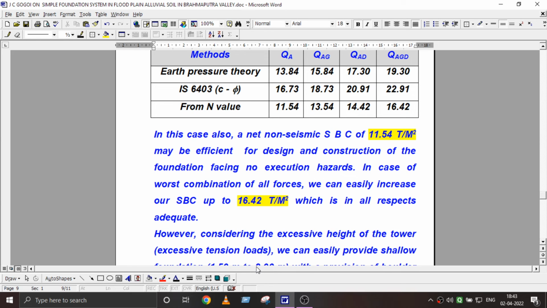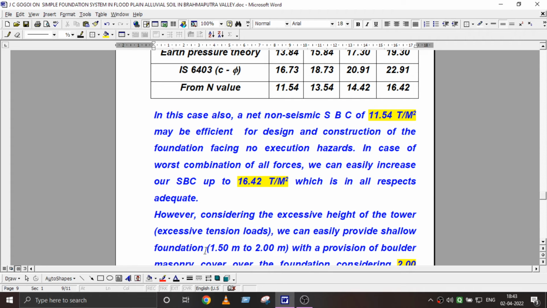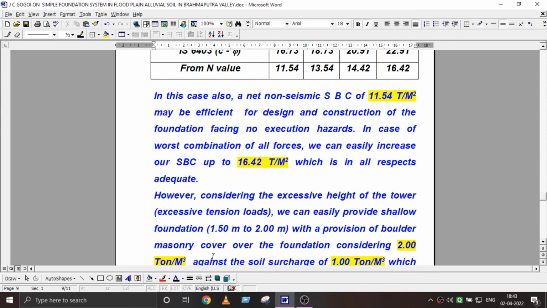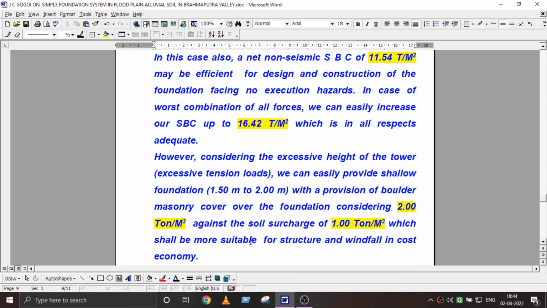However, considering the excessive height of the tower and excessive tension loads, we can easily provide a shallow foundation at 1.5 meter to 2 meter with a provision of boulder masonry cover over the foundation, considering 2 ton per cubic meter against the soil density of 1 ton, which shall be more suitable for structure and a windfall in cost economy.